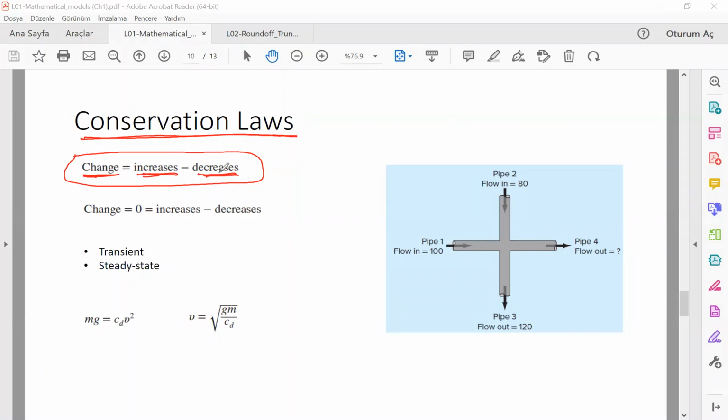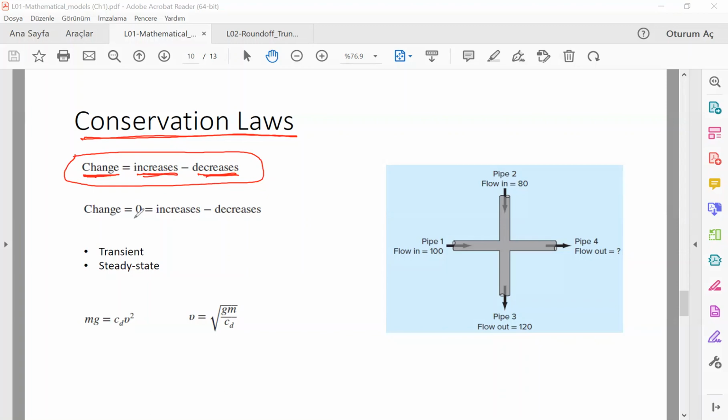This could be applied to our bungee jumping problem, where we have two forces, as you might remember. One was the gravity, the other one is the air resistance. So in that case, the change in the force is going to be the difference of those forces.